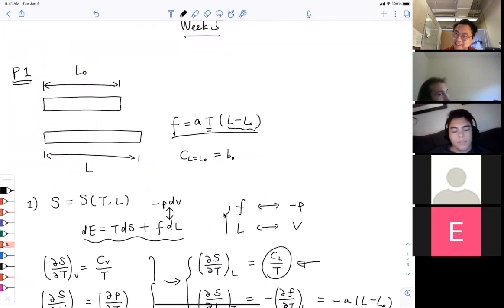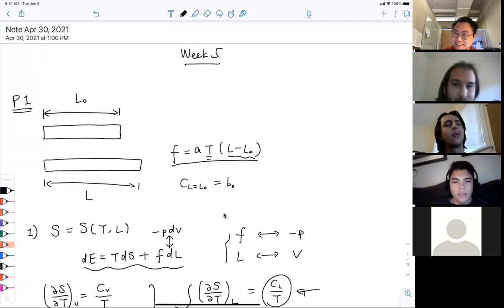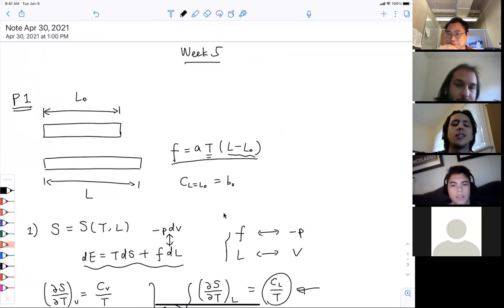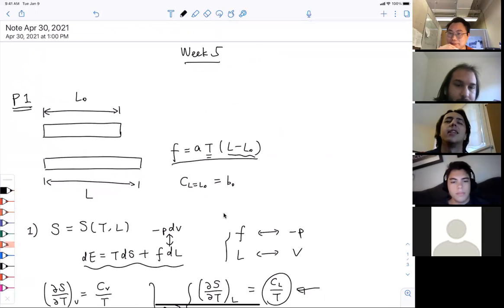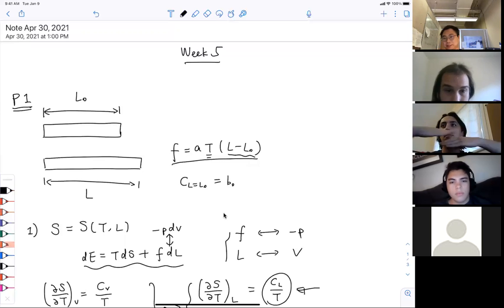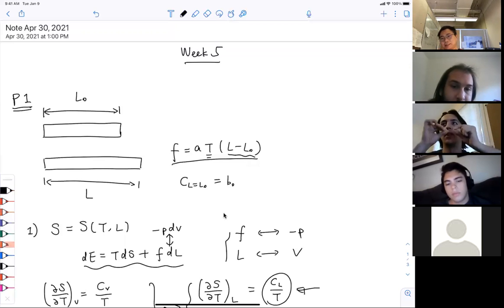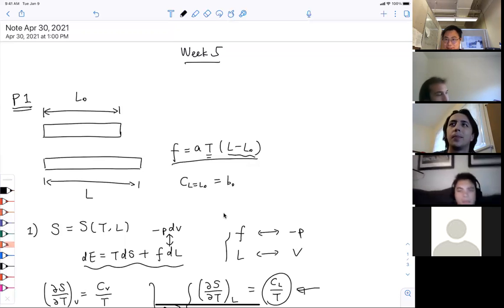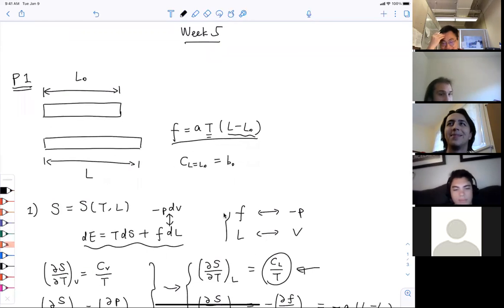I think we discussed this as undergrads, and the point is that when you're stretching it, you're actually decreasing entropy, if I remember correctly, because they're aligned more than they would be if it's unstretched. That's why it's a little bit counterintuitive. Yeah, maybe, I don't know.